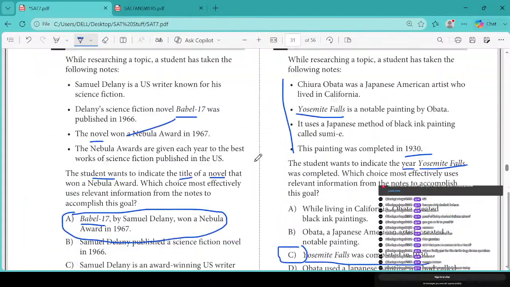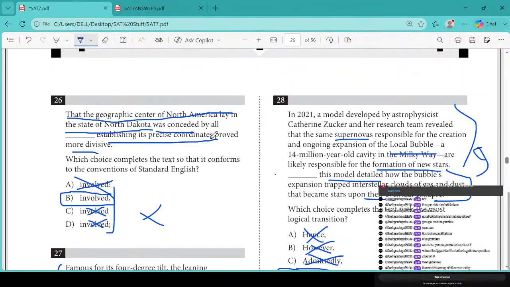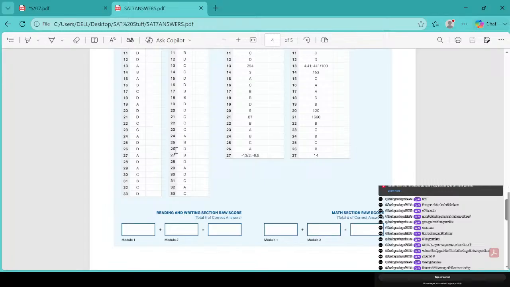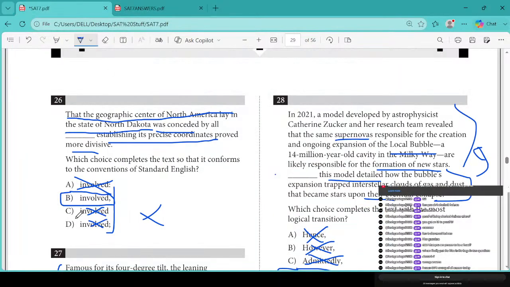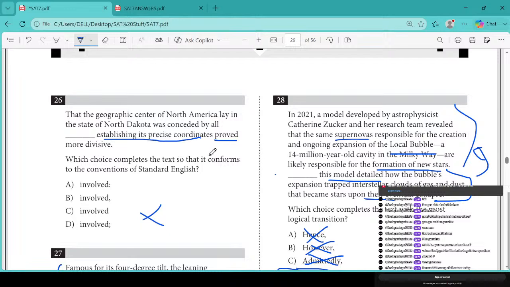So let's move on. Which one did we get wrong? This one. It's D. Huh. Yeah, I see how I got that wrong. Basically, I just read it wrong. And you see here, subject, verb.